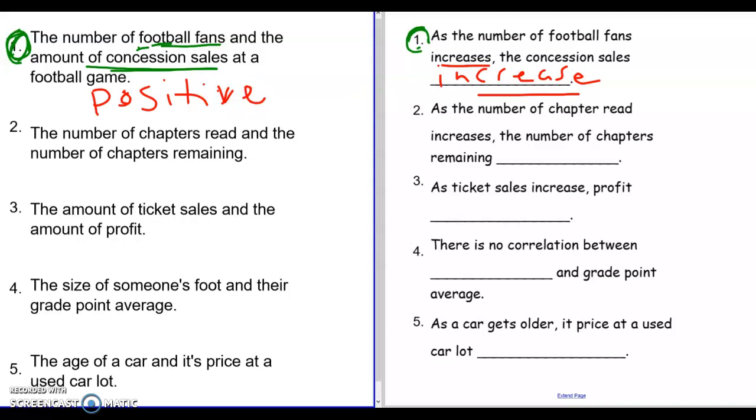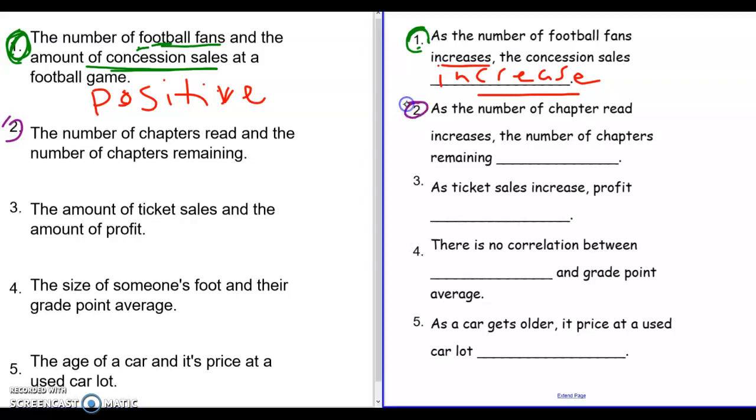Now, number 2, talking about the number of chapters read and the number of chapters remaining in a book. So over here, if we're thinking about as we read chapters in the book, as the number of chapters that we read increases, that means that we have fewer chapters to read as we go. So the number of chapters remaining decreases.